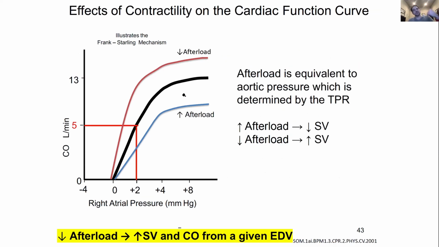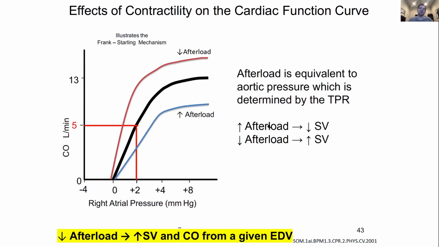Afterload works the opposite way, right? So even if you're squeezing the heart harder, the pressure or the total peripheral resistance you have to push against is going to affect how much blood actually comes out of the heart, right? So it has the same thing, like I said, as total peripheral resistance. The increased pressure you have to push against is going to affect how much blood comes out of the heart, right?